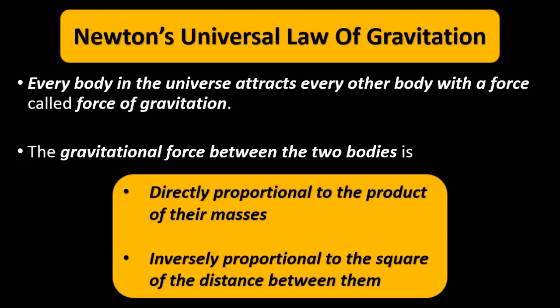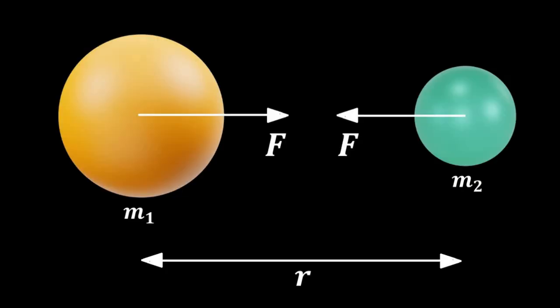The universal law of gravitation states that every object in the universe attracts every other object with a force which is called the gravitational force of attraction. That gravitational force is directly proportional to the product of the masses of the two objects and inversely proportional to the square of the separation distance between them.